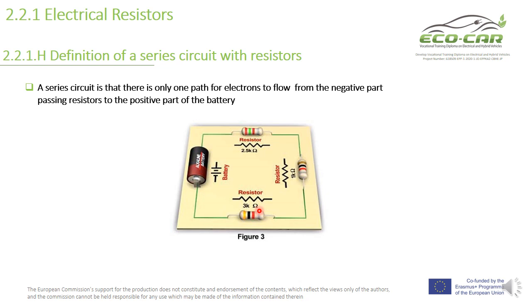These are chained, with the three resistors connected to the negative part. This is the negative part of the battery or power supply, and this is the positive part. So the current or electrons go from the negative part through the three resistors in one path until they reach the positive terminal of the battery.